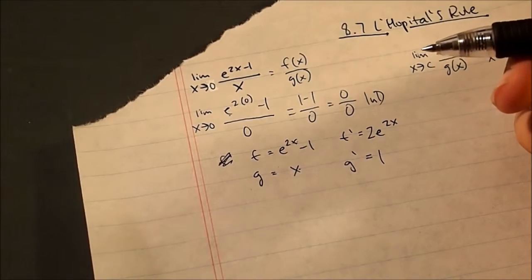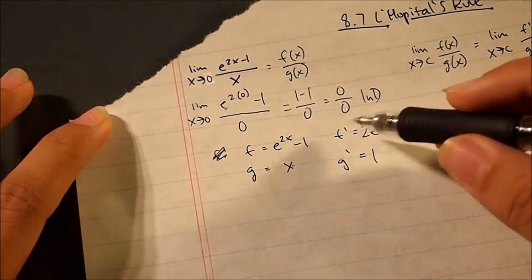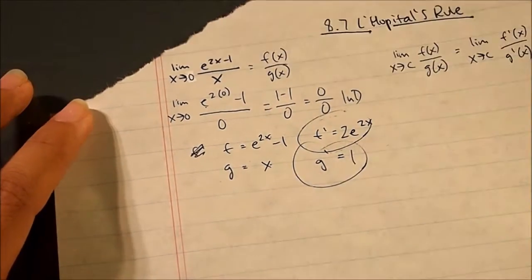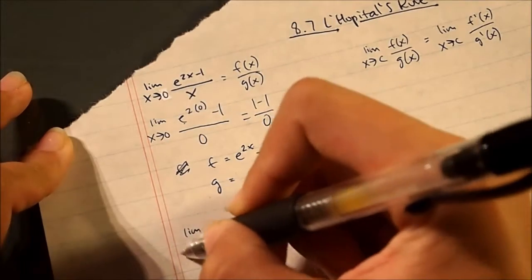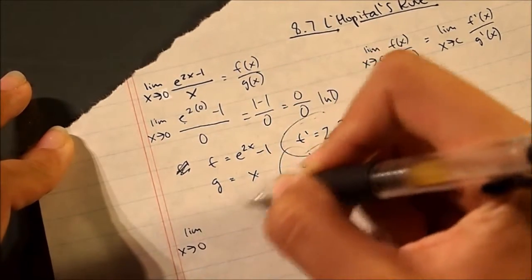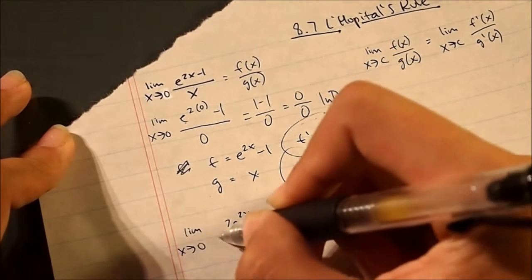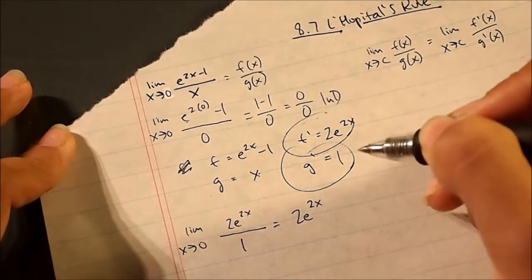Okay. So then you substitute these values into L'Hopital's rule. The limit as x approaches 0 of f prime of x, which is 2e to the 2x, over 1, is equal to 2e to the 2x.